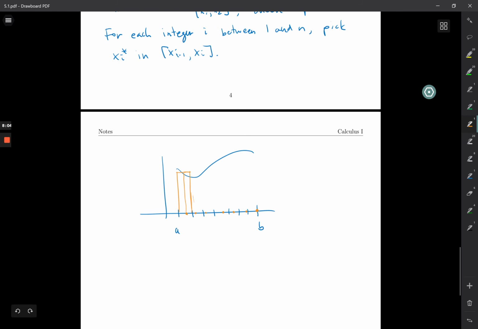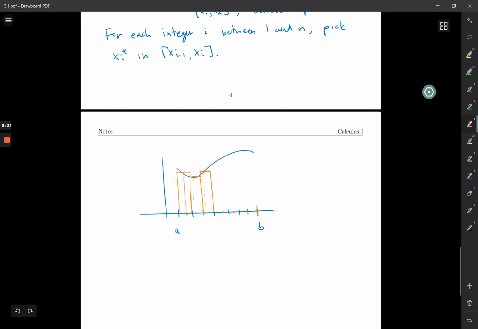Unfortunately, I didn't draw these so that the intervals are all actually the same width, but pretend that they are. From the point that I picked, I'm following it up to the curve, and wherever this line from the x-axis hits the curve, I draw the rectangle there.